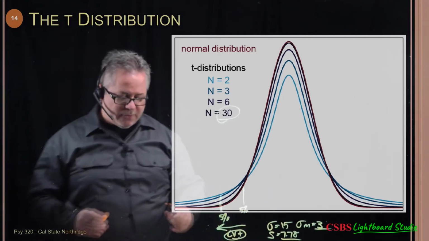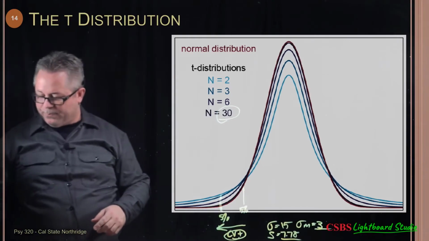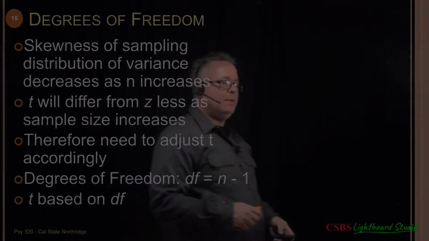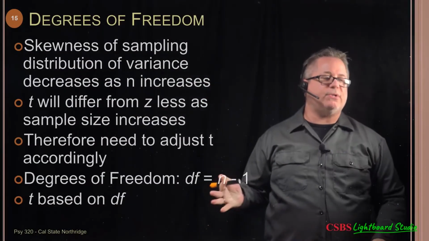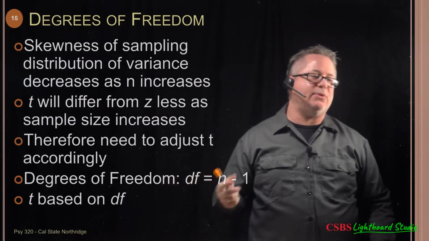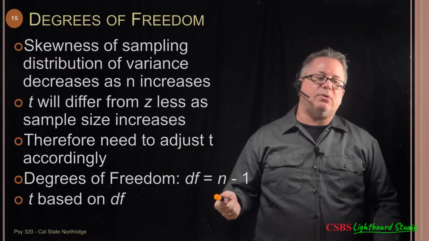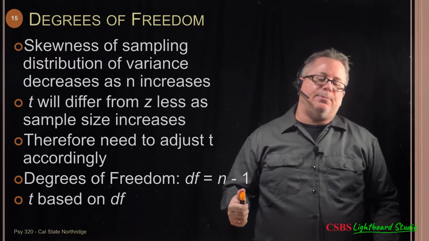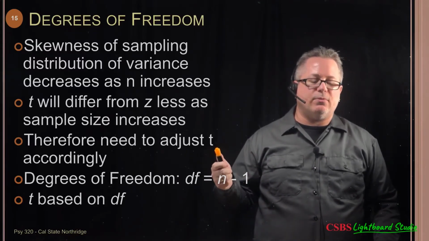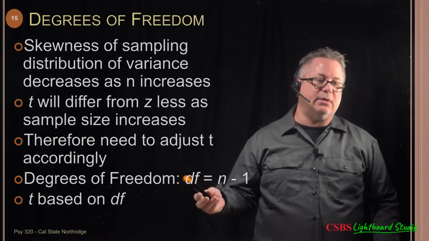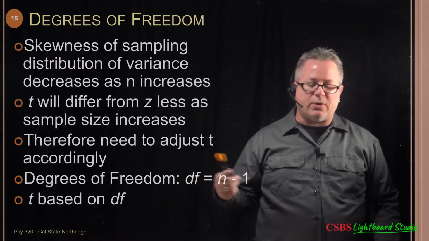Okay, let's look at what this looks like for our example with IQ+. Degrees of freedom: the skewness of the sampling distribution of variance decreases as n increases. I mentioned before that with a very small sample, you're going to get more variances that are underestimated, which is why we're trying to adjust for that.